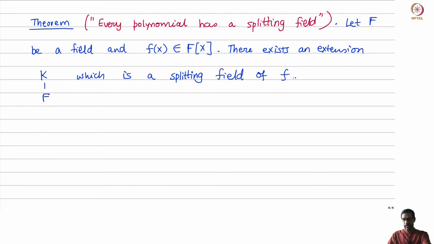Okay, I could have just said there exists K which is a splitting field of f, because being an extension is of course part of the definition. But I'll just state it for more clarity.